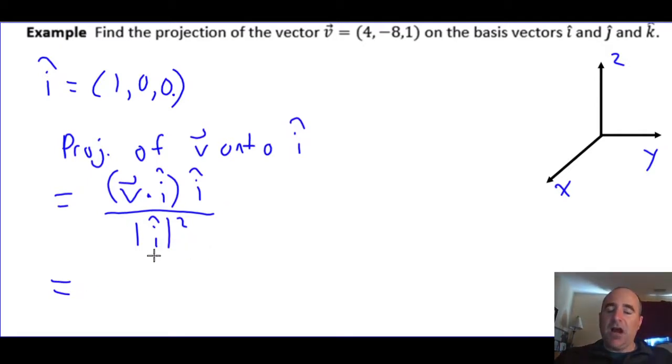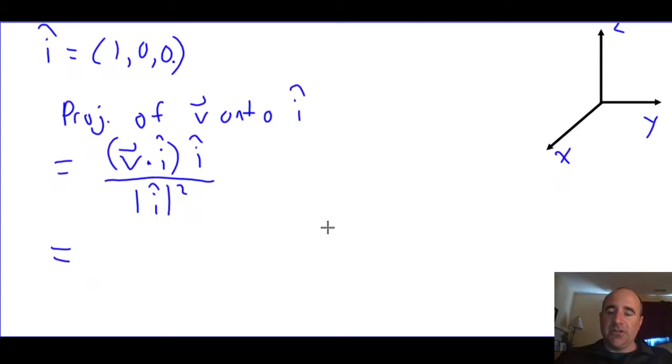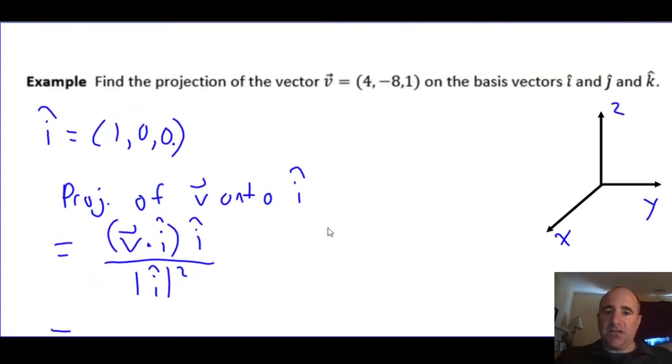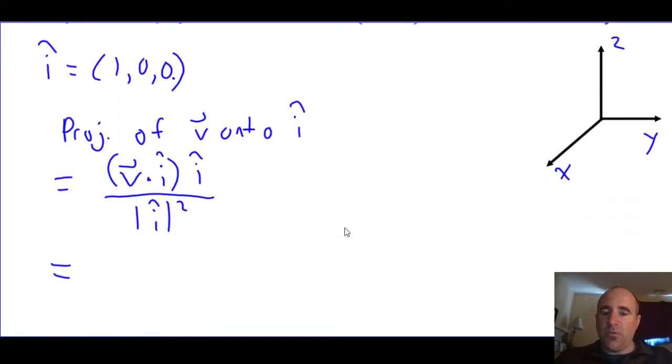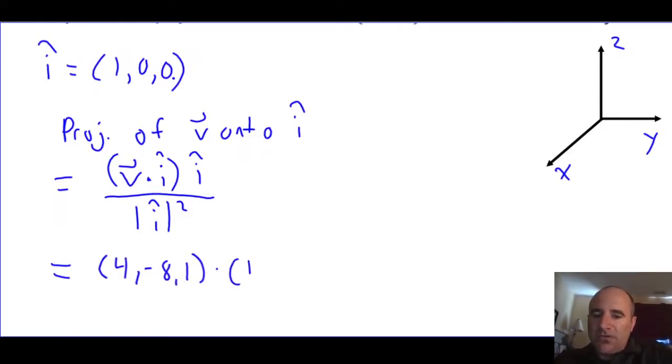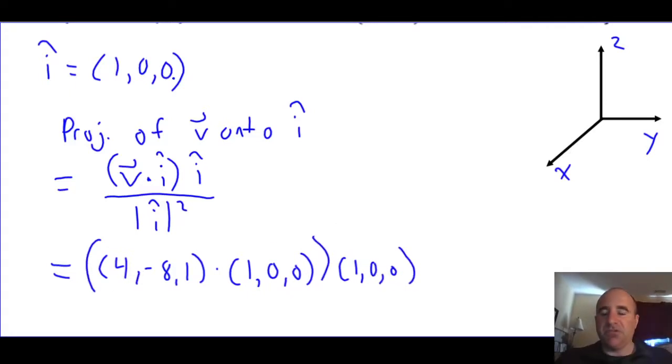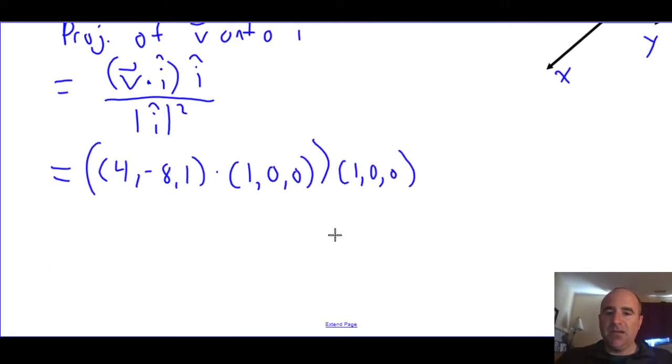The magnitude of i is 1, so we're going to get a 1 here. So really, we're taking the vector v, 4, negative 8, 1, dotting it with 1, 0, 0, and then multiplying that by 1, 0, 0. Brackets in there to make that, and then the bottom is just equal to 1, so we don't need to worry about that.